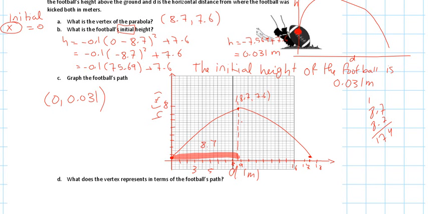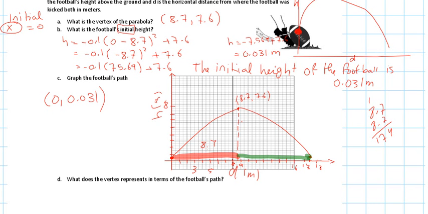I can go exactly the same amount from here to my end, right, at 0.031, because of that symmetry. So if I know this point, I can find this point by taking the same distance, okay, and plotting it because of that symmetry.